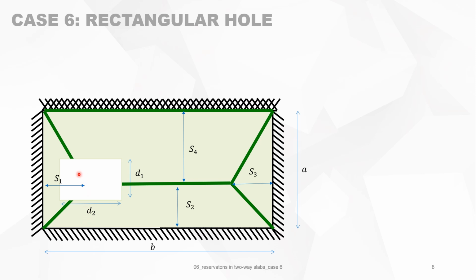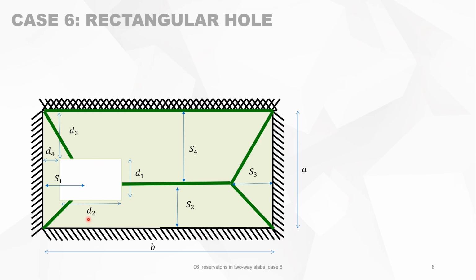Because there are many possibilities of the location of this reservation within the slab, it is impossible to put everything in one formula. So that's why we have different cases of arrangements of holes or reservations.